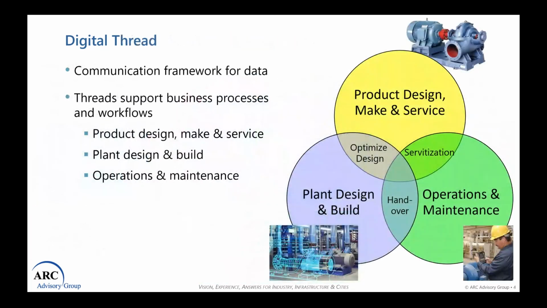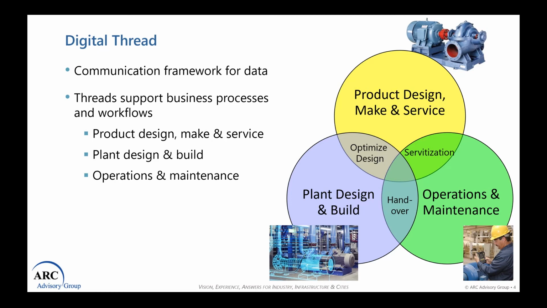Now, I'm going to bridge over to digital threads. So you see again the two circles, plant design, build, operations, and maintenance. Now I've included the product design circle. And this one is really intended for the equipment part of it.